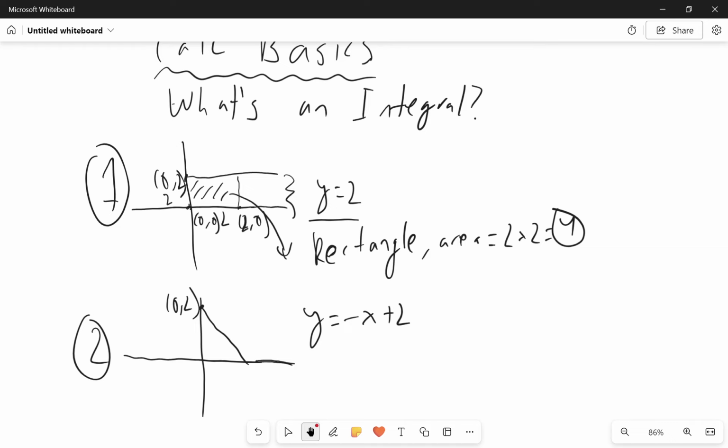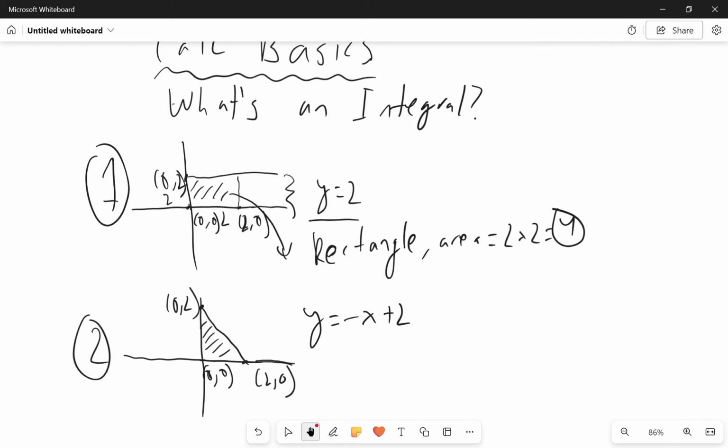So that would make this point down here 2, 0, because the slope is negative 1, down 1 for every 1 across. And we want to find the area bounded from 0, 0 to 2, 0. So the area under this curve from x equals 0 to x equals 2. And so we're going to shade that in like that.